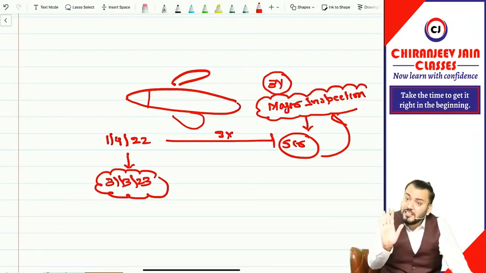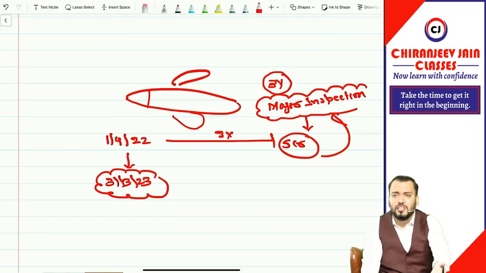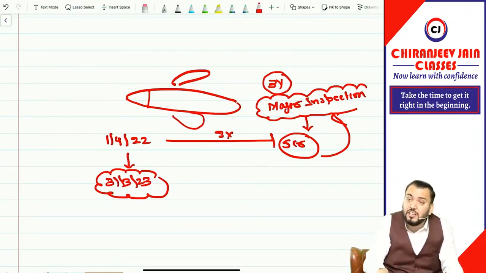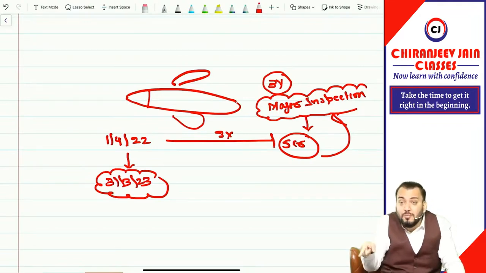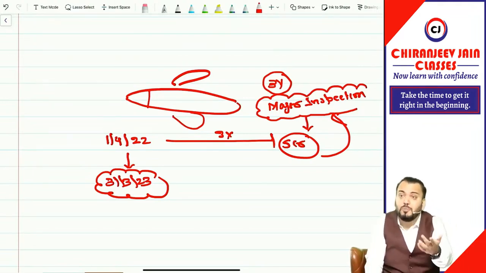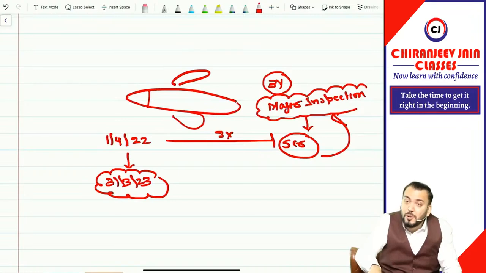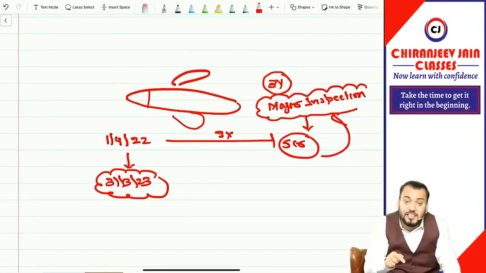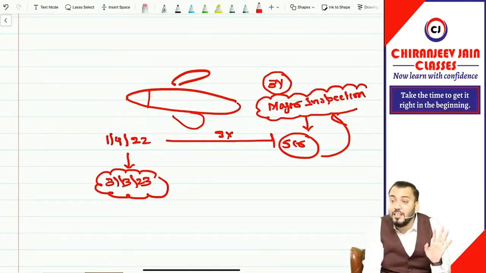It is given that after every 3 years inspection is required, but only when you use it. If you don't use it, whether that expenditure is required, no. Means this expenditure is dependent on future conduct of business. It means outflow is not probable. If outflow is not probable, we will not recognize a provision. Understood? It means the second condition is not satisfied, and there is no requirement of any provision.